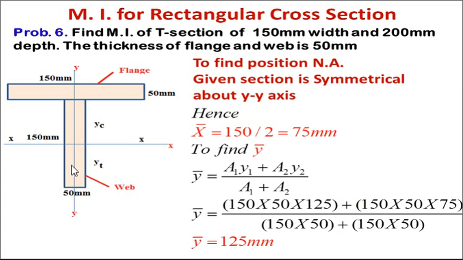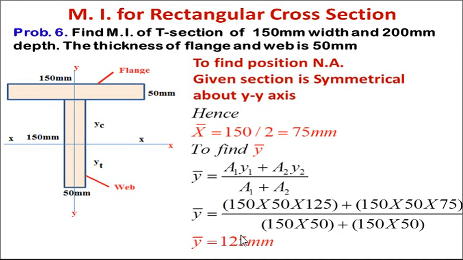Plus the second figure, I have taken this portion: 150 into 50 area into the center of this figure from the bottom, which will be at 75 because the total depth is 150, so half of that is 75. So 75 is y2, that is correct. Then you divide it by a1 plus a2, the area of the first figure plus the area of the second figure. By solving this you will get y bar. In this case 125 is wrong because it is 175.